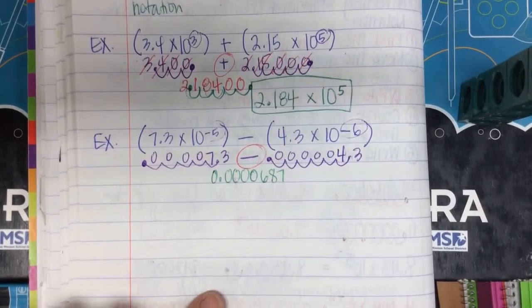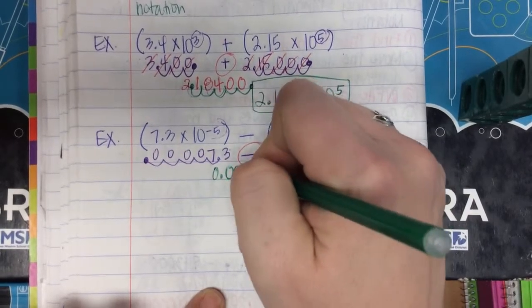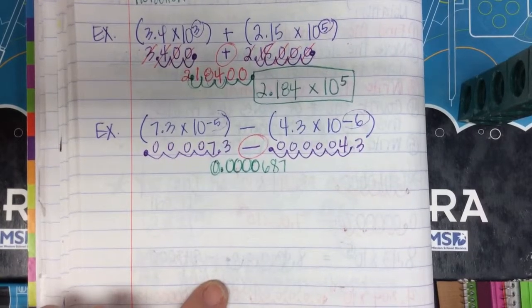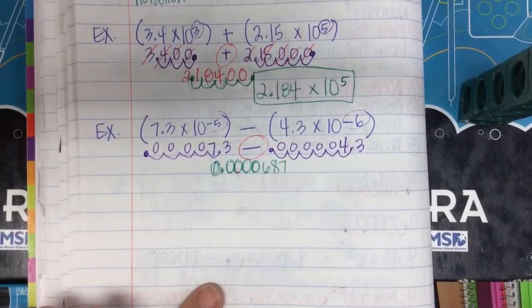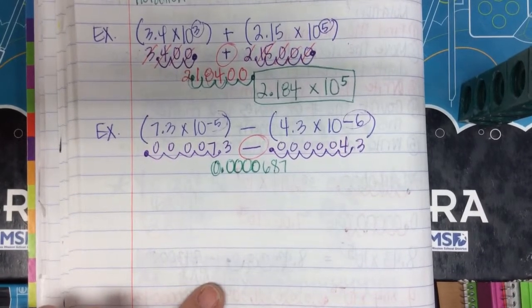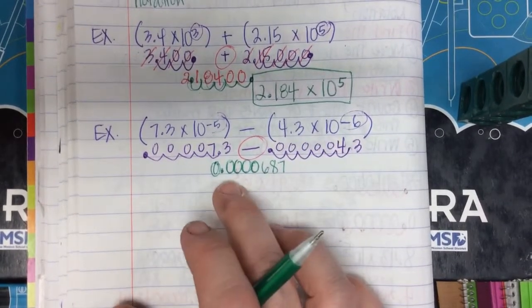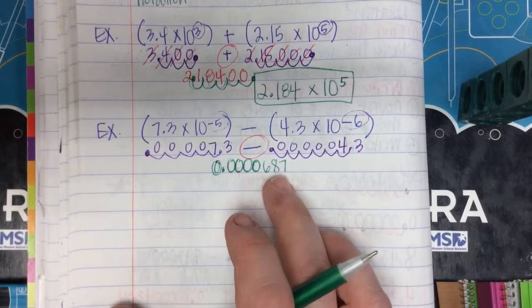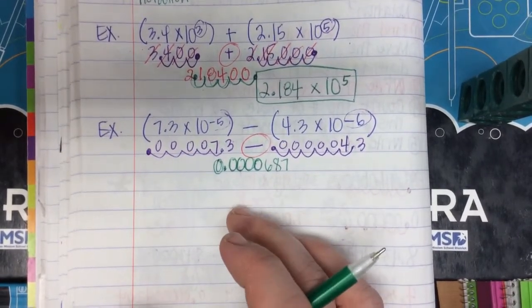Do you guys agree? Right? And this is the purpose of scientific notation. This was difficult for us to get right, for you to tell me what it looked like. You can't read it correctly. It takes too long. It's hard to say 0.0000687 and have somebody follow along immediately. So that's the purpose of scientific notation.